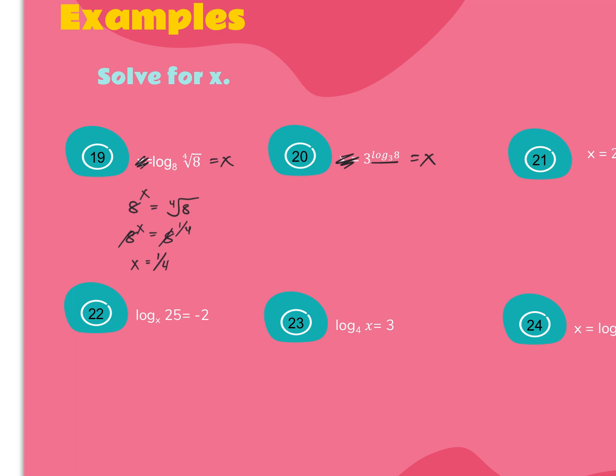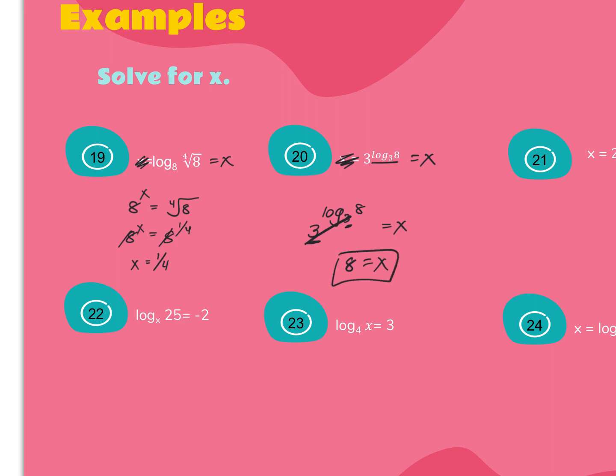I just didn't think that we had learned how to do this, but basically there is a property that says that if you have a base raised to log base 3 of 8 like that, if the base and this base match, these cancel, leaving just the number that's left over, and that's actually the answer.